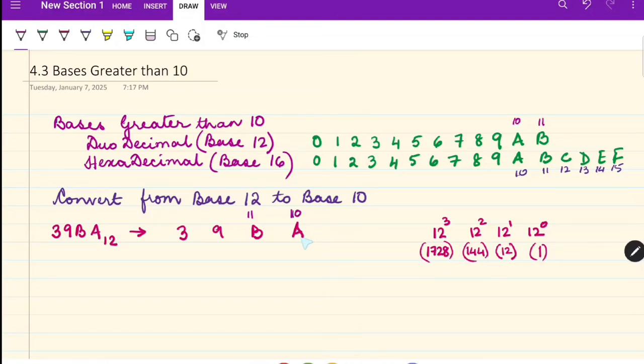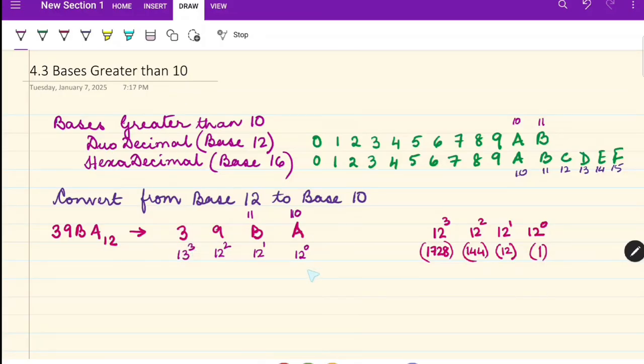A is in the extreme rightmost end, so A will be multiplied by the positional value 12 to the power 0. So I'm going to write here 12 to the power 0. Then B, the position of B has a value of 12 to the power 1. 9 has a value 12 squared. And 3 has a value 12 cube.